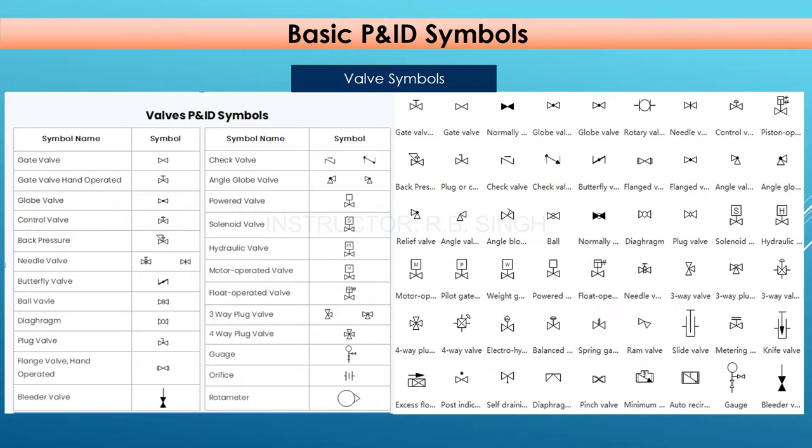So you can cross verify with the legend and your P&ID, so that you can know about that particular item. So for reading the P&ID, we need to know some symbols.